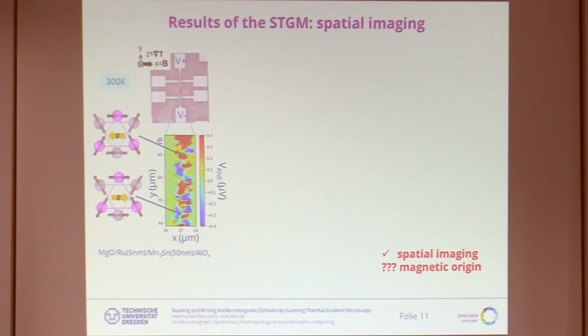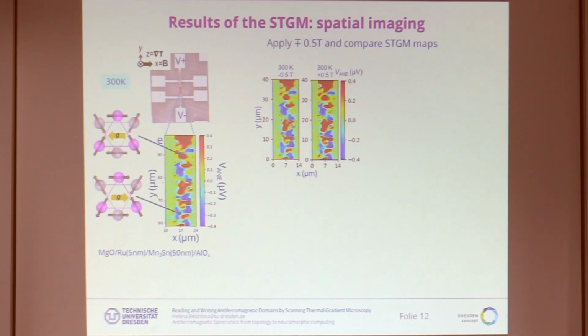But to be sure or to prove this, we obviously need to show that it's of magnetic origin, that it's not just mountains and valleys on our sample, that it's not just topography. So we happily applied a magnetic field of half Tesla at room temperature, and we saw nothing. The pattern was unchanged, although the bulk Mn3Sn in this configuration should be already reversed.